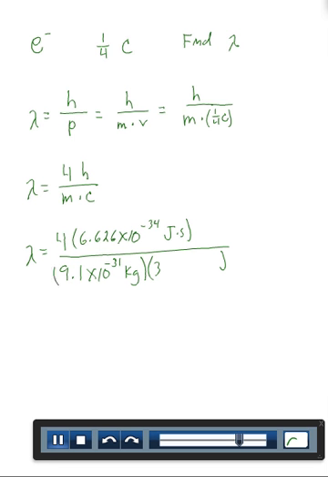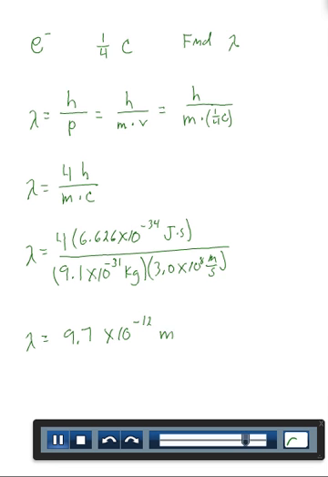And then multiplied by the speed of light, 3.0 times 10 to the 8th meters per second. Now numerically, this will give me 9.7 times 10 to the minus 12th meters.